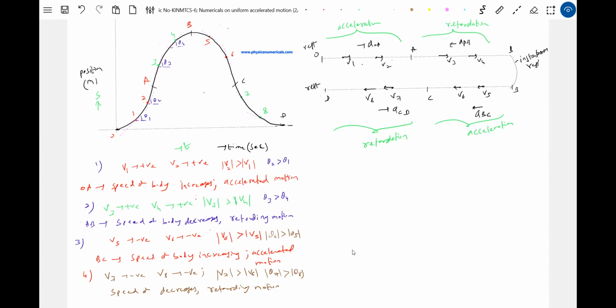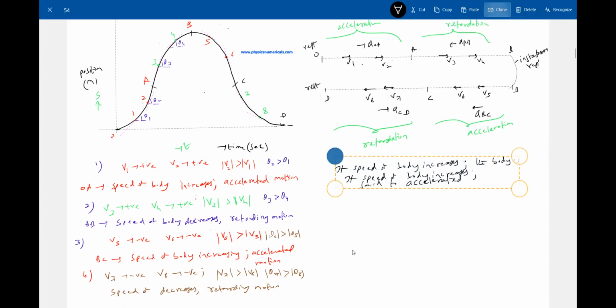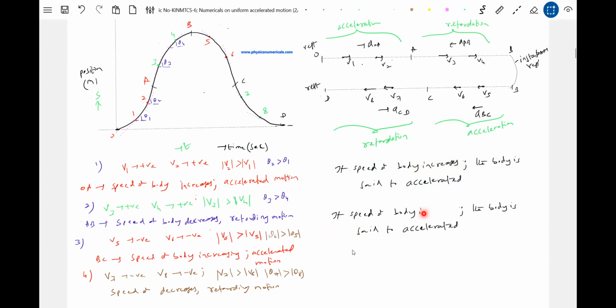So therefore, how do we say a body is said to be accelerating? If the speed of the body increases, the body is said to be accelerating. If the speed of the body decreases, the body is said to be decelerated or retarded, and we can use either.